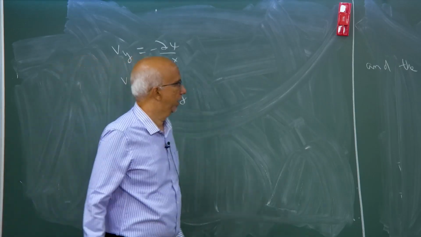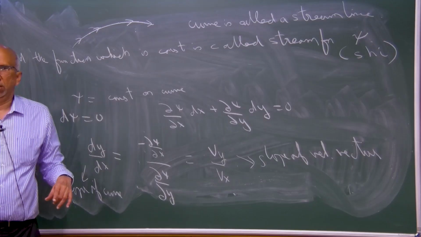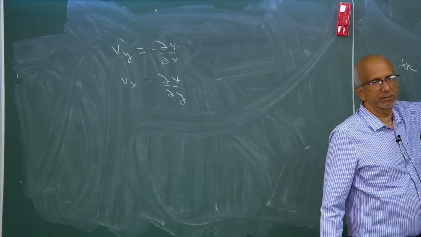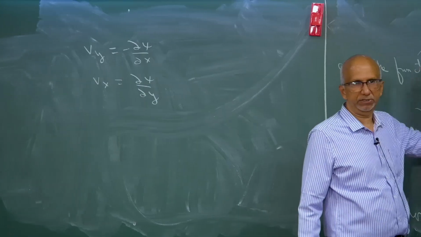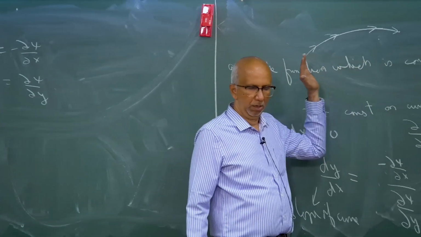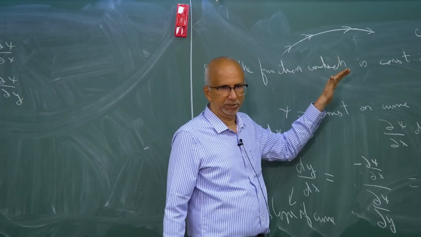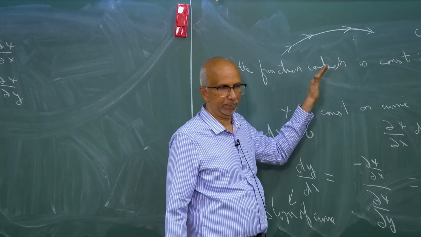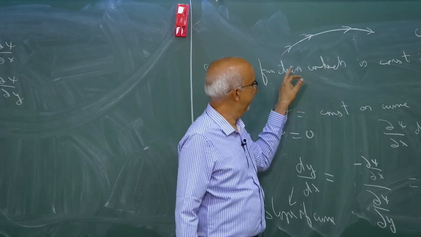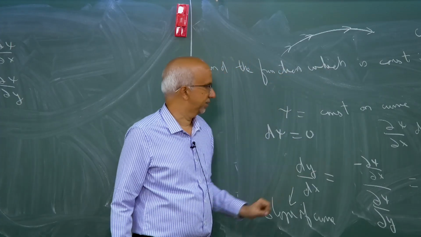So, this streamline is basically a curve. At every point, the tangent and the velocity are parallel to each other, and I used that to get this relationship.